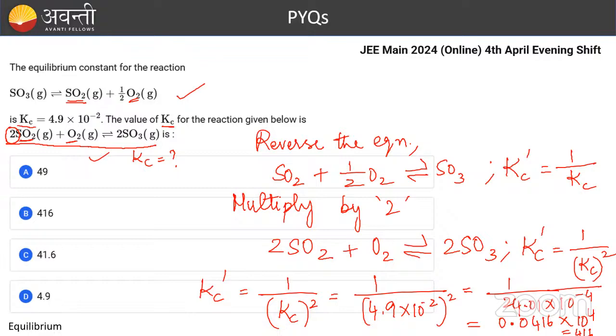So the final answer will be 416. Option B will be the correct answer for this question.